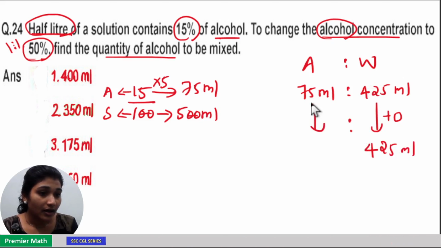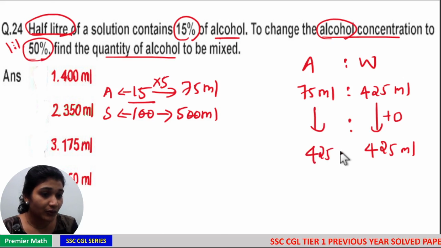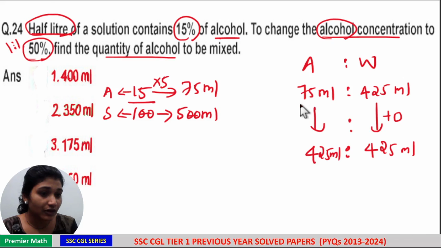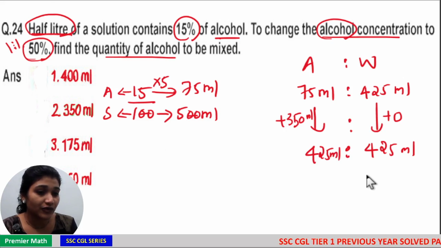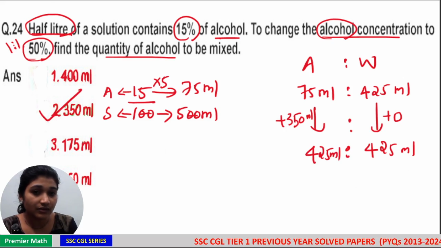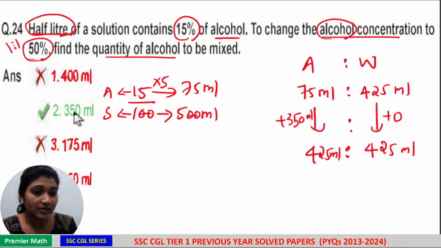Then to make it 50% solution, alcohol part should be 425 ml as well, which means 425 minus 75, 350 ml should be added to the initial alcohol solution. Then the final alcohol solution becomes 50% of it. Option 2 is your answer. Alcohol part that should be added is 350 ml.